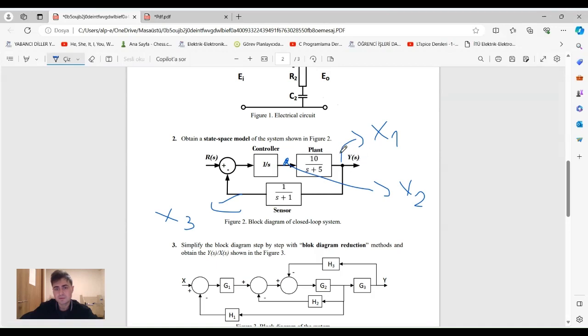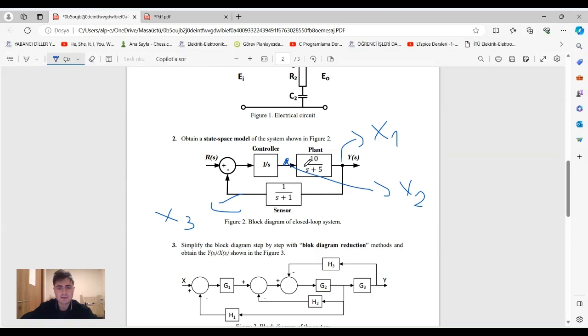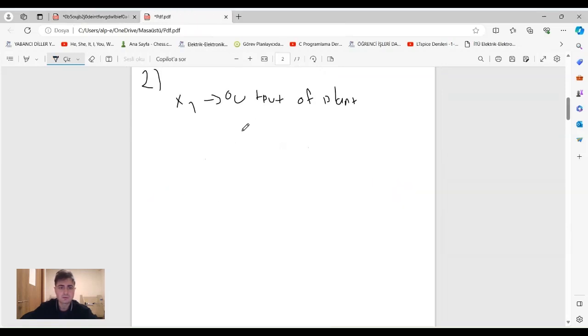Because this x1 is the output of the plant, x2 is the output of the controller, and x3 is the output of the sensor.